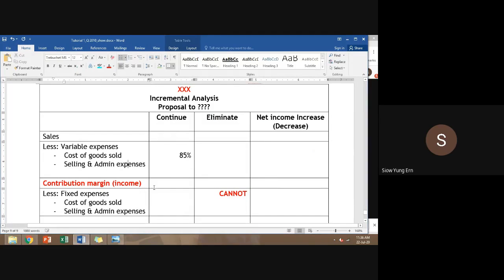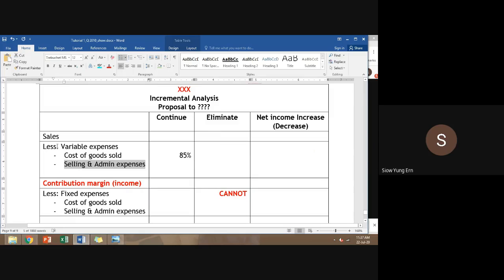Okay, variable selling and admin. We are doing variable cost first.